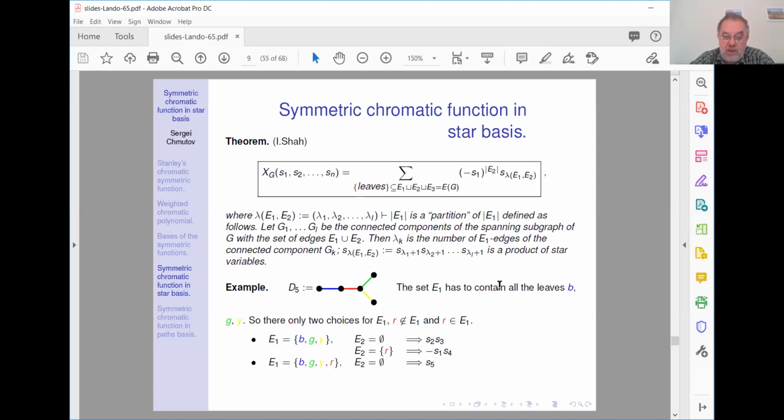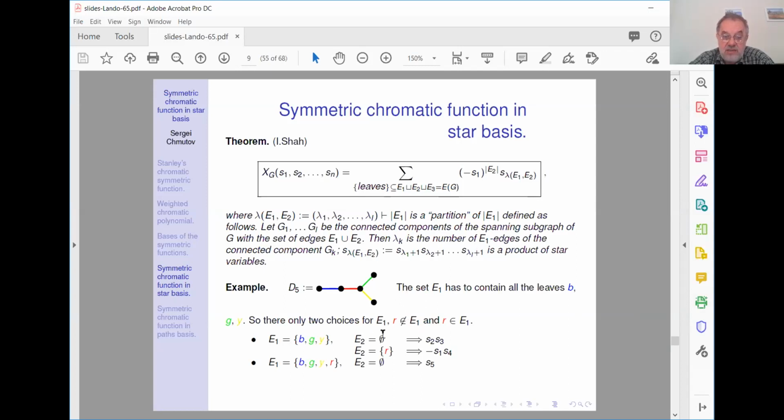So E1 is supposed to contain the blue edge, the green one, and the yellow. So those are the leaf edges. That is the E1. But there are 2 choices. Also, it contains the red one, so it will be everything there. Or it does not contain the red one, only the leaf edges here.